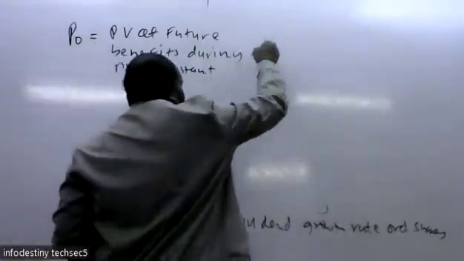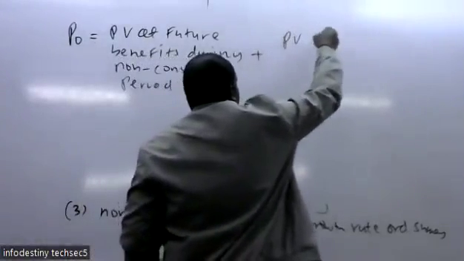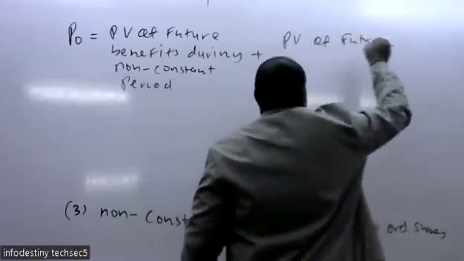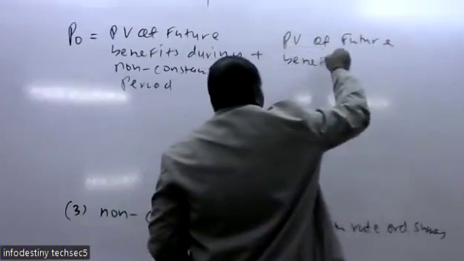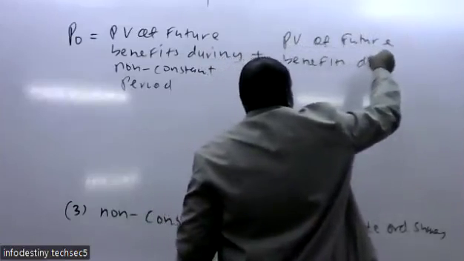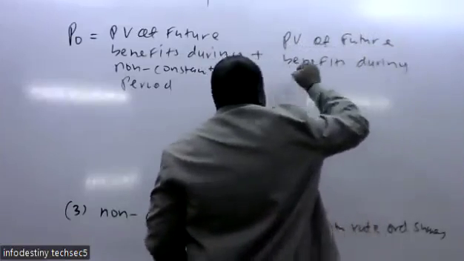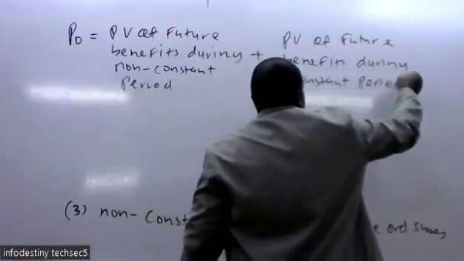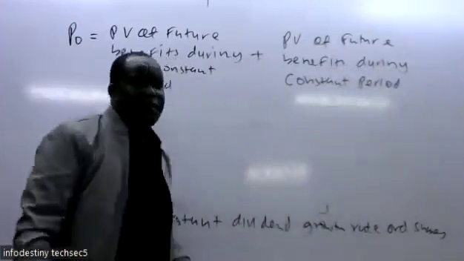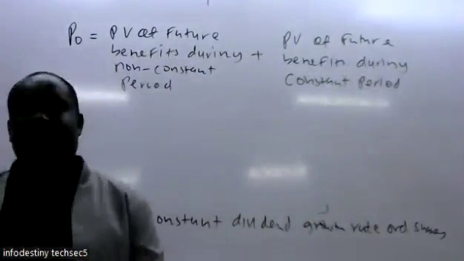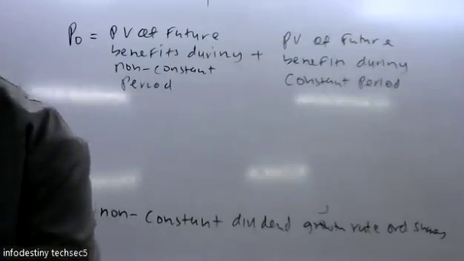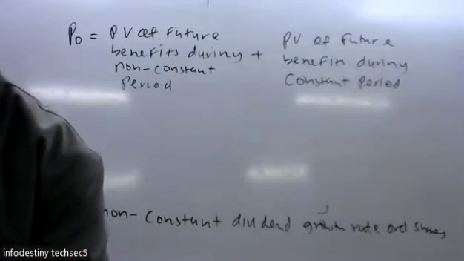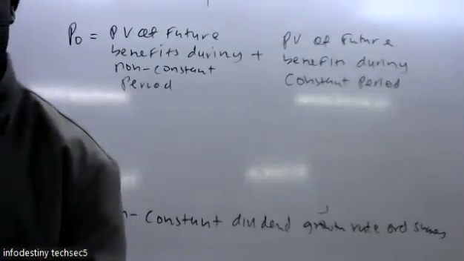Then we also add the present value of the future benefits during the constant period. So we just add them in that order to see how we shall be able to come up with the value of the share.